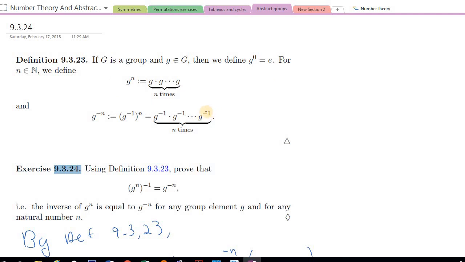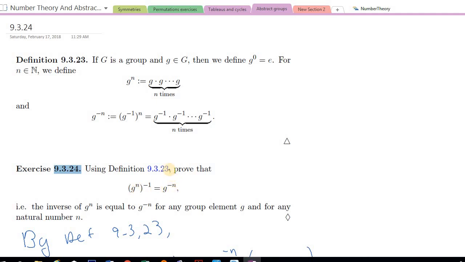Okay. So you see that we can't just automatically define g to the minus n. We have to define g to the minus n in terms of the inverse of g. All right. So using this definition, we want to prove that the inverse of g to the n is g to the minus n.